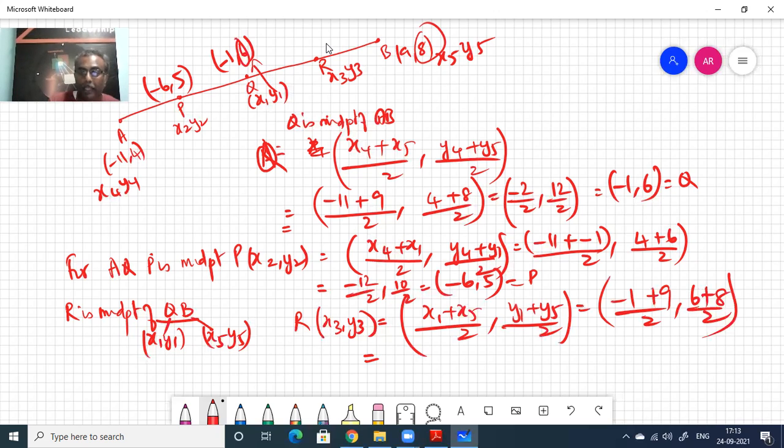That is equal to 8 by 2, comma 14 by 2. That is equal to 4, comma 7. So R is equal to 4, comma 7.